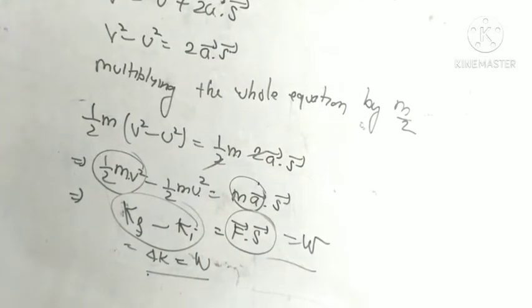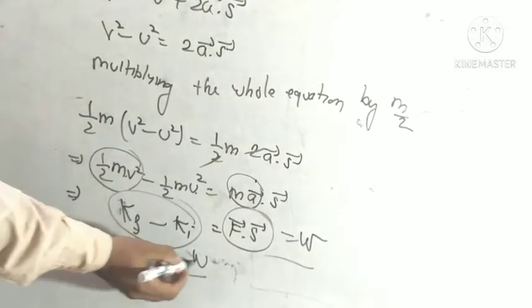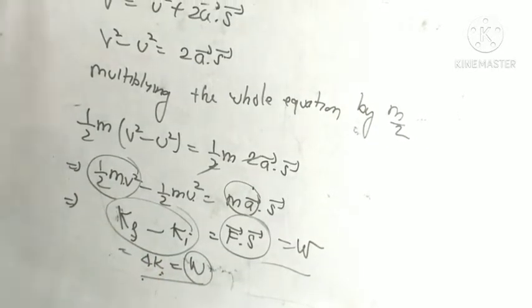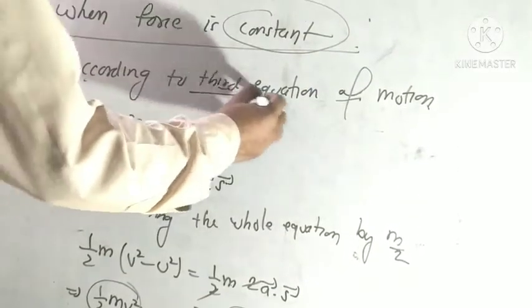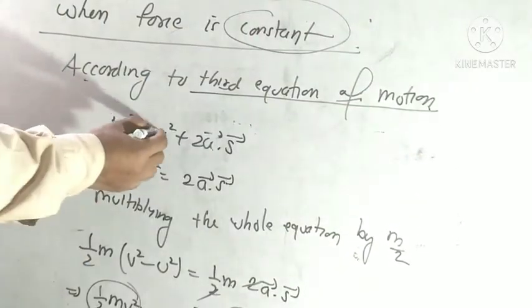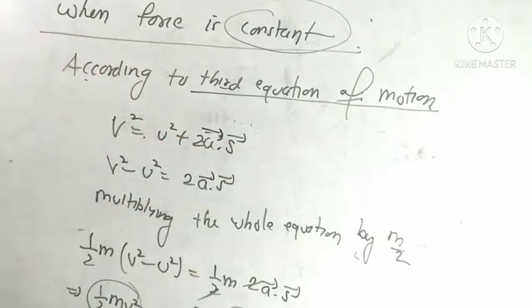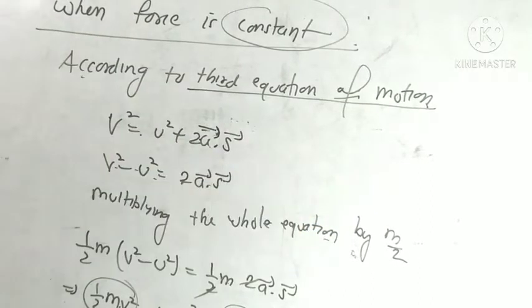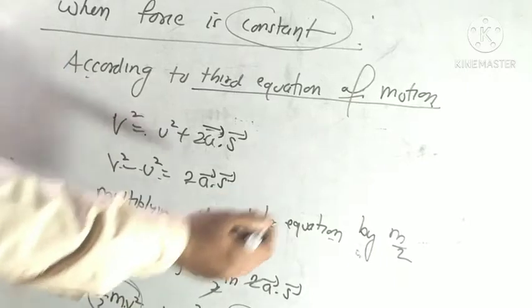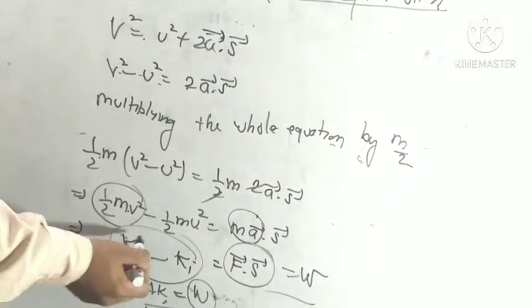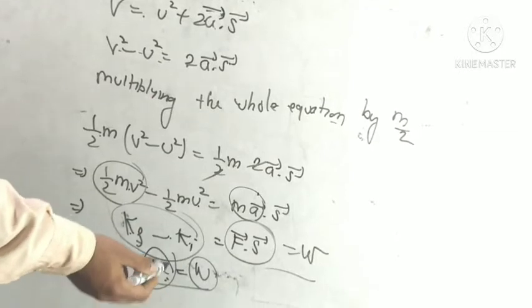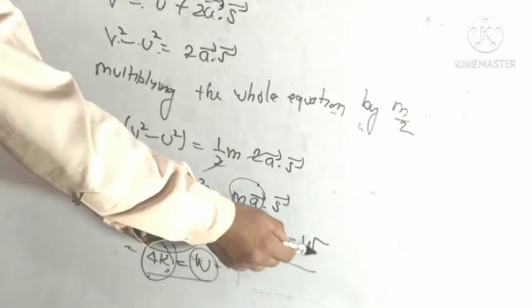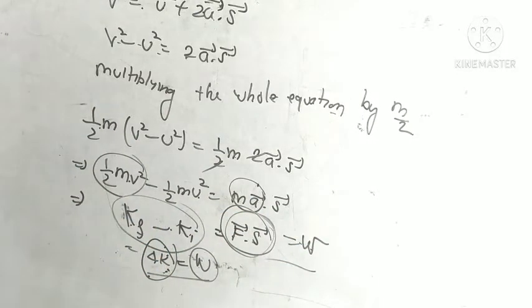So when force is constant, according to the third equation of motion, v square is equal to u square plus 2as. So v square minus u square is 2as, multiplying both sides by m by 2, and after solving we get Kf minus Ki, the change in kinetic energy, is equal to work done. Here F s, force into displacement, is the work done. So work done is equal to change in kinetic energy.